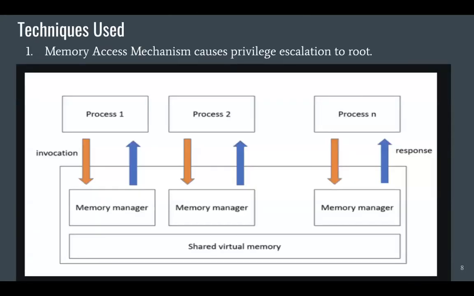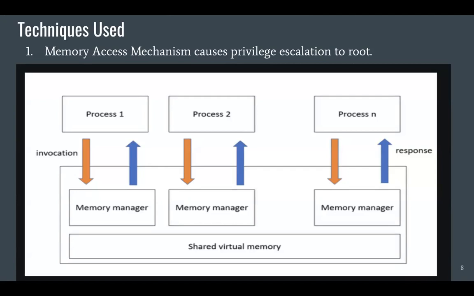So the first technique that they have used in this paper is a memory access mechanism causing privilege escalation to root. Generally, as we have seen in our terminals, whenever we are trying to install any application or do anything, it always asks for sudo permission.